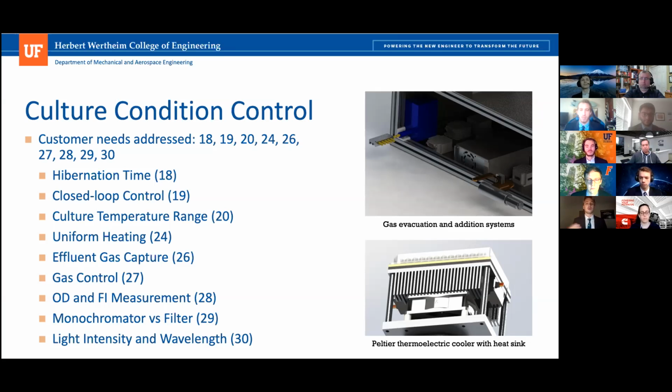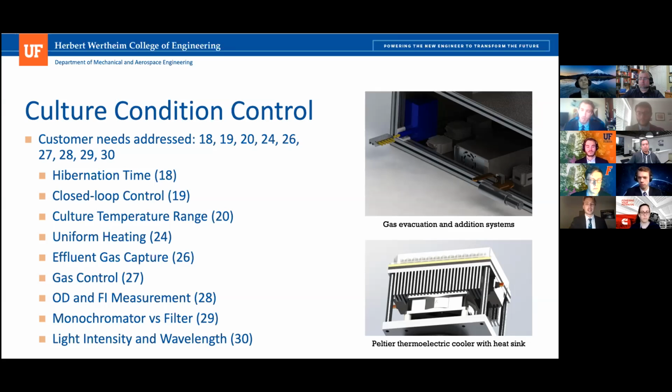This will allow for a variation. And in the same vein, we have uniform heating within that thermoelectric cooler, because it's one plate and one plane that is heating all of the wells. So there's no temperature gradient between each one. They're all going to be heated at the same level.